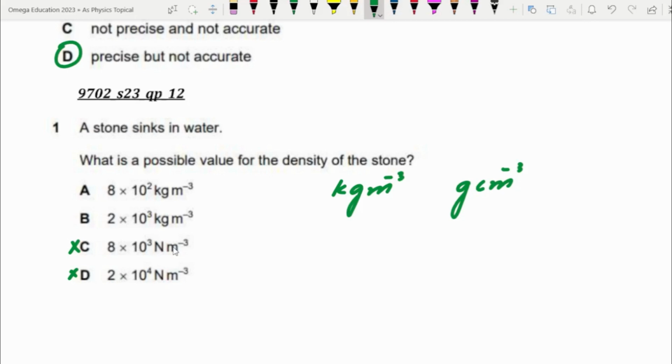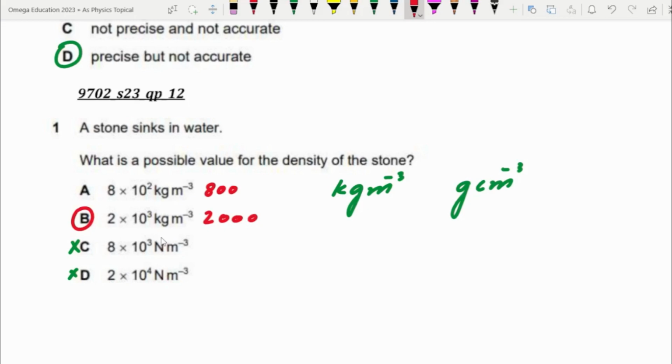So a stone sinks in water. What is the possible value for density of a stone? So you see, you're left with only 2 options, and all you can do is pick up the greater one. So this one is 2000, and the first one would be 800. So just pick up the bigger value, because you're left with only two options, and whatever the bigger value is, obviously that density has to be greater than the density of water.